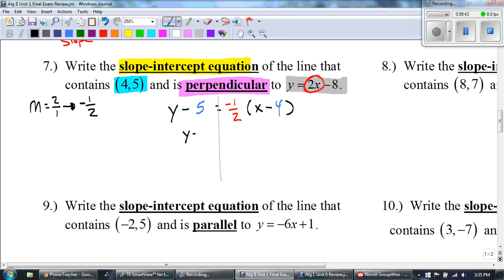And then we're solving. I'm distributing the -1/2 to the x, and then the -1/2 to the 4. I add the 5 to both sides, and we get y equals -1/2 x plus 7.